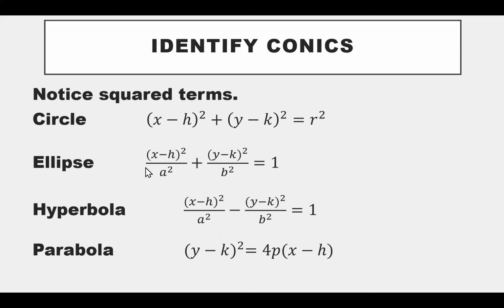I could multiply both sides of the equation by a number. That won't change the fact that the coefficients will be different, not the same number.